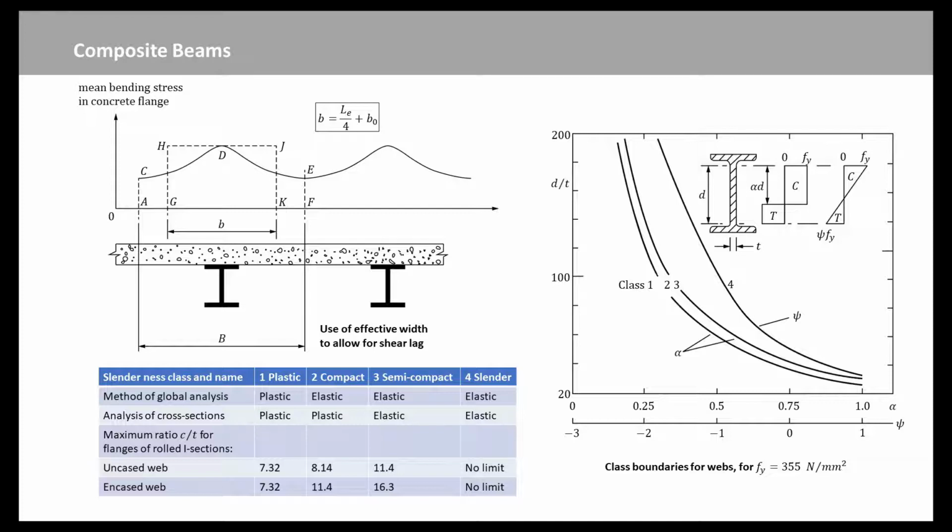The highest, least slender class is Class 1, plastic. The class of a cross-section of a composite beam is the lower of the classes of its web and compression flange, excluding a flange restrained by concrete, and this class determines the design procedures that are available. This well-established system is summarized in this table.